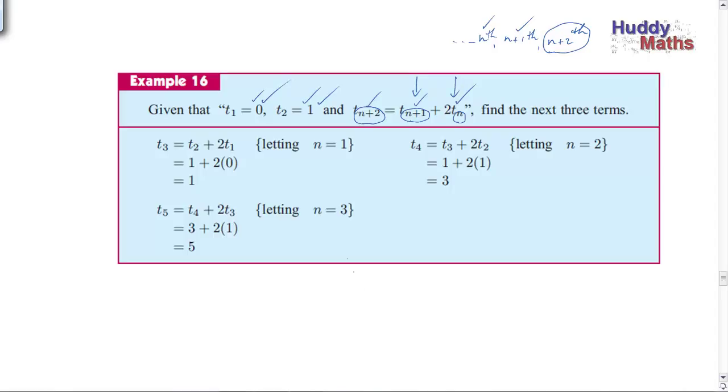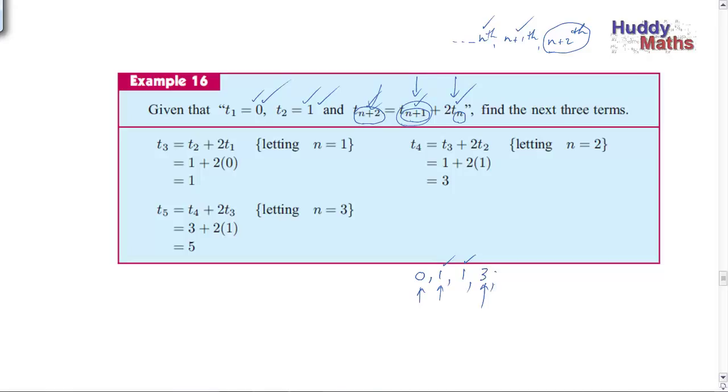Okay, so if we've got 0, let's do it down here, 0 and 1, the next term, here we are, n plus 2 will be this one plus 2 times this one. So it'll still be just 1. Then the next term in here will be this one plus 2 times this one. So it will be 3.